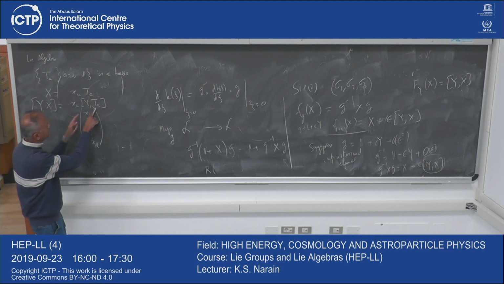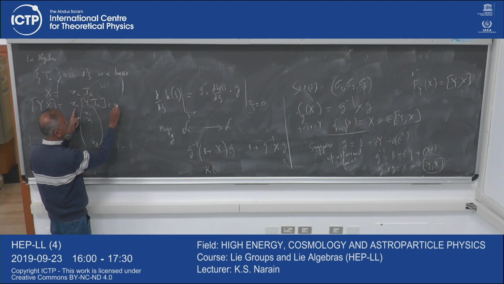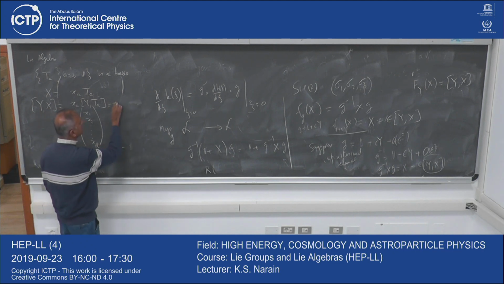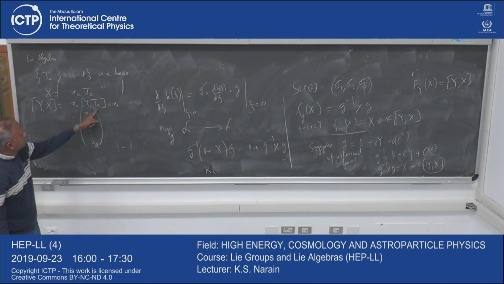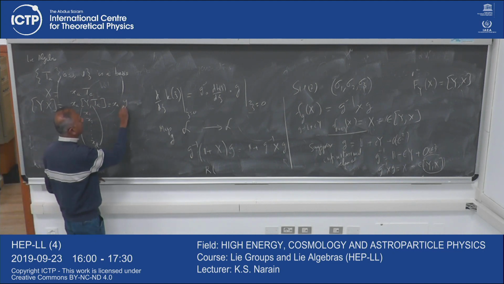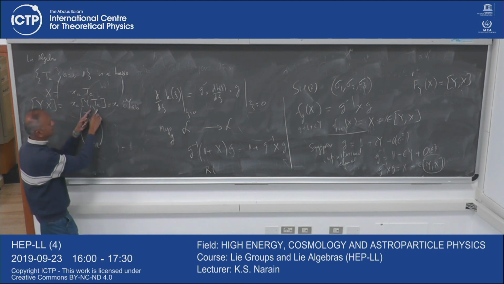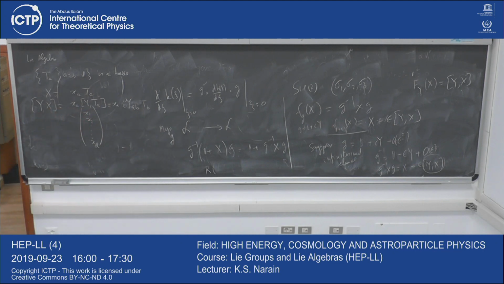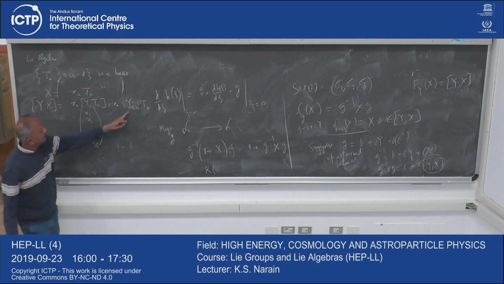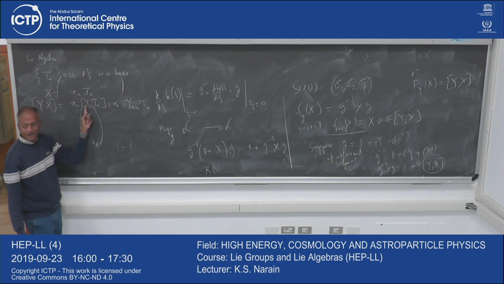So I put here x_A, and then this will be some combination, let's call it Y_AB T_B. You see, these Y_AB are the coefficients. This depends on which y you choose.